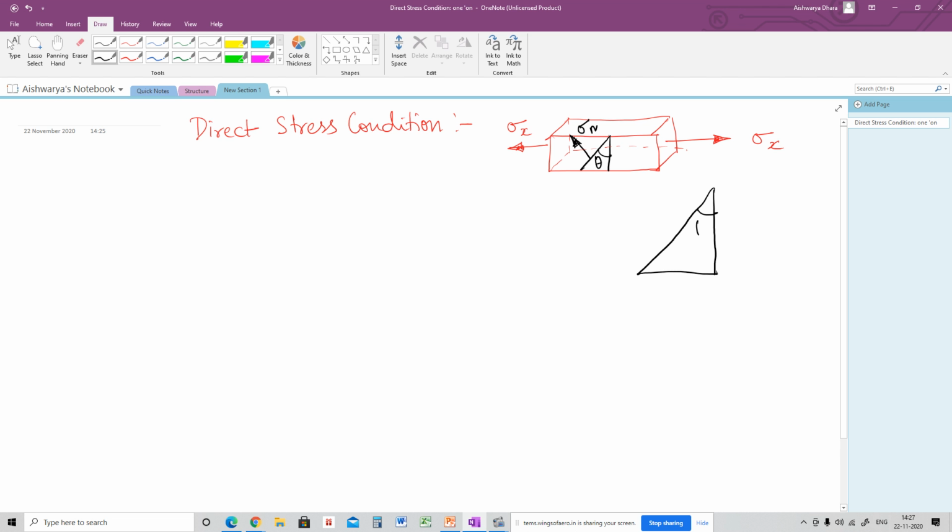If this is theta, here we have sigma n, and from here we will have our sigma x, right? Since we are going to take this principal plane as reference, I need to resolve this particular sigma x, right?